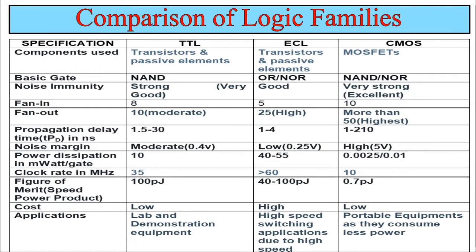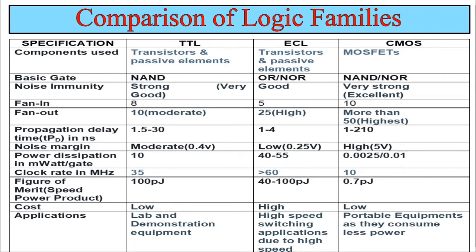Then noise immunity of TTL logic family is strong, or you can say very good, as compared to ECL and CMOS family, and noise immunity of ECL is good, and in case of CMOS it is very good, or you can say very strong or excellent.